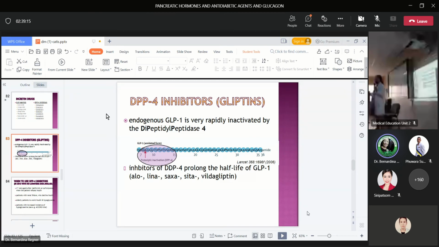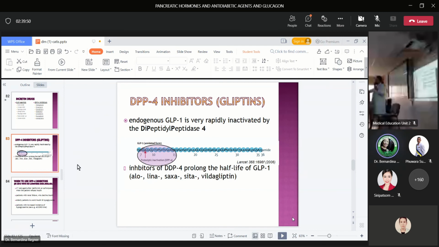That's why it's termed DPP4. Inhibitors of DPP4 can prolong the half-life of GLP-1, and this is exemplified by alogliptin, linagliptin, saxagliptin, sitagliptin, and vildagliptin.